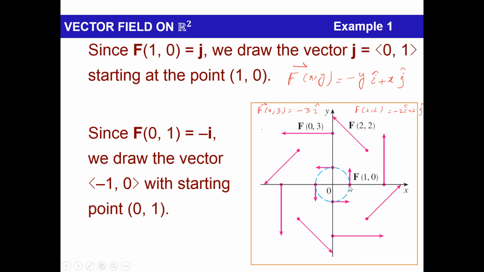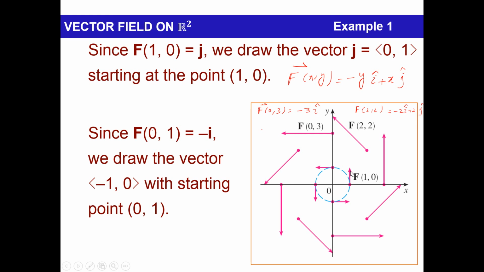So we are standing still here, and then we have to move 1 unit in the direction of j. Since the sign is positive, we will move upwards, 1 unit. So this is the starting point, and this is the ending point, and we will join the starting point with the ending point to have the corresponding vector, okay.